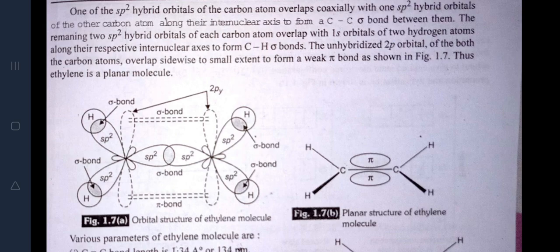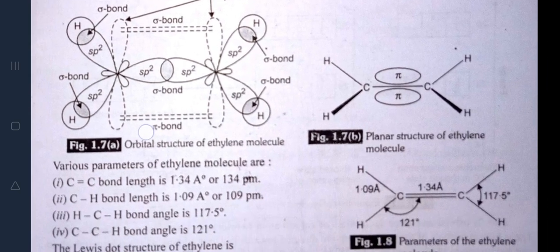The unhybridized 2p orbitals of both carbon atoms overlap sidewise to a small extent to form a weak pi bond, as shown in this figure. Ethylene is a planar molecule.